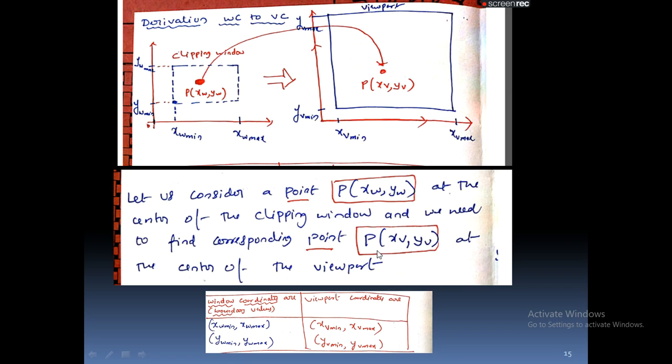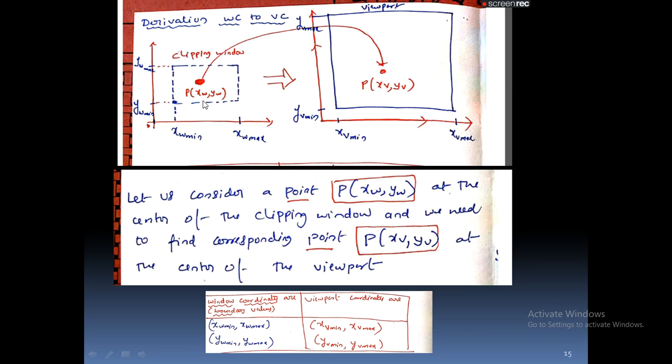That corresponding viewport point position is XV, YV. When you translate the point from the clipping window to the viewport, we need to determine where this point P has to be displayed on the viewport.